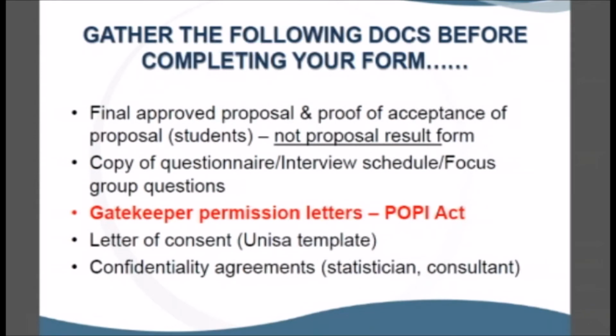And confidentiality agreements. That is from your statistician in this case, or any consultant that you consulted to make sure that your measuring tools are in place. That also includes, for example, if you are going to collect data by making use of a field worker. You also need to have a confidentiality agreement signed by your field worker.